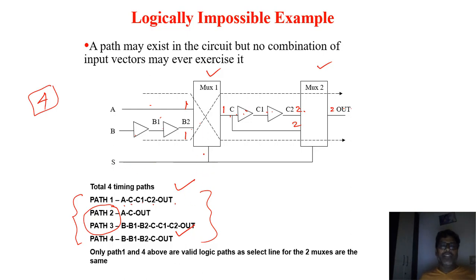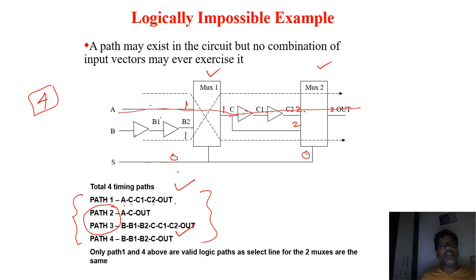Look at the select line. Both the muxes have the same select line. If I make the select line 0, what does that mean? The first input is going to get selected, that is A, and similarly here also 0. So the path could be only this.